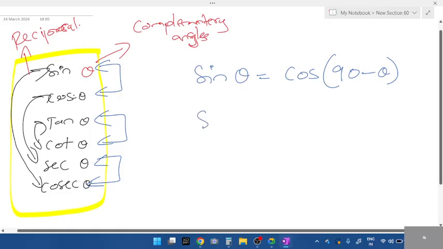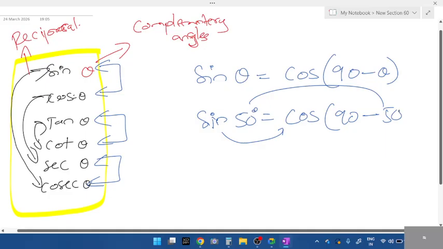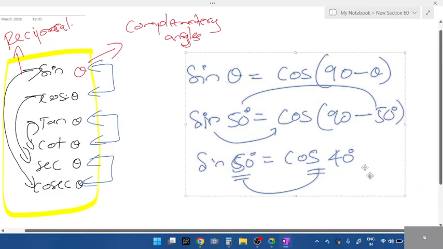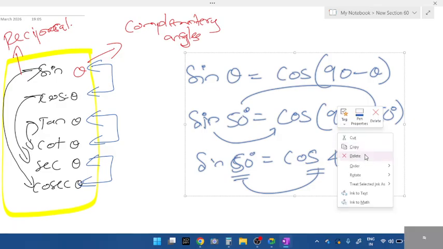If I take sine 50 degrees, sine will get converted into cos of 90 minus this 50, which is 40. So sine 50 is equal to cos 40. Don't write this, just listen.